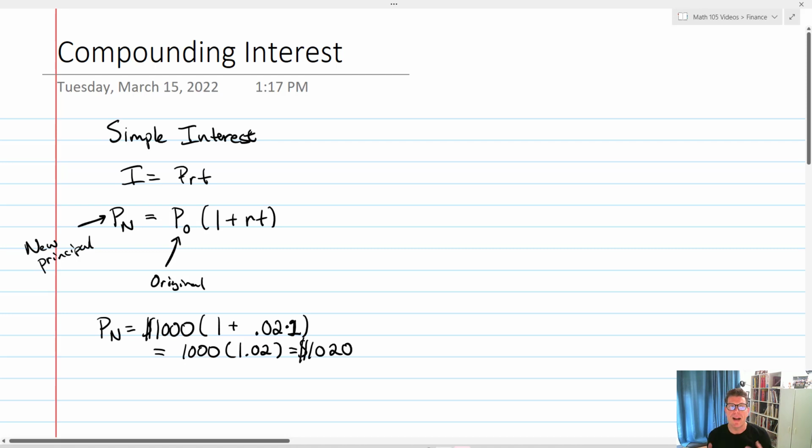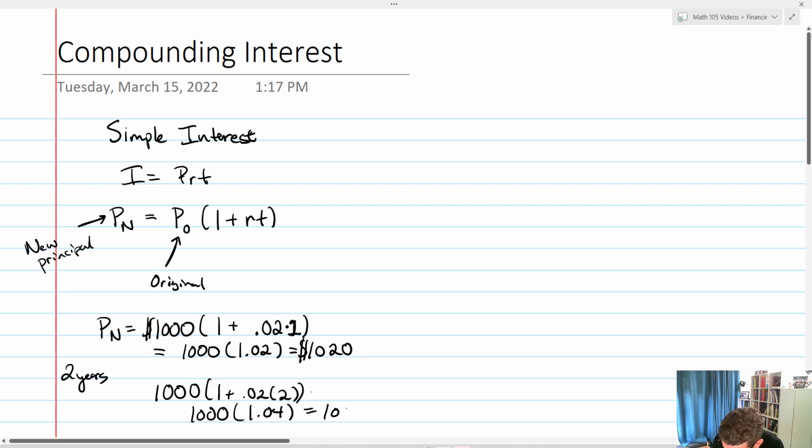So that's the amount that I would have after 1 year. If I look at 2 years, I'm going to take 1,000 times 1 plus 0.02 times 2, and that equals 1,000 times 1.04, which is just going to be $1,040. So I made another $20.